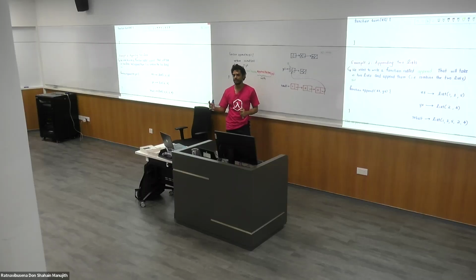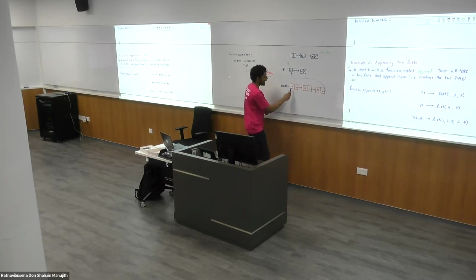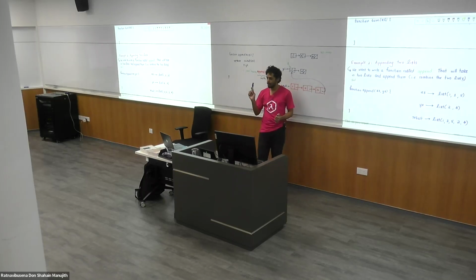Only n, right? So n pairs get created and m pairs are reused. Okay? So n pairs will be created newly, but m pairs will be reused.